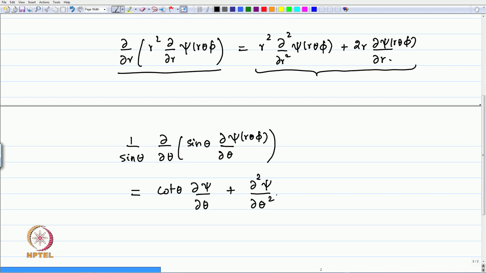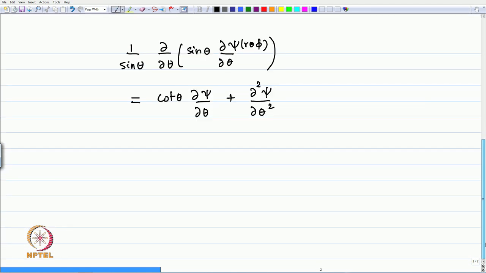Okay. So one must keep in mind that this is what is meant by writing derivatives in bracket form.